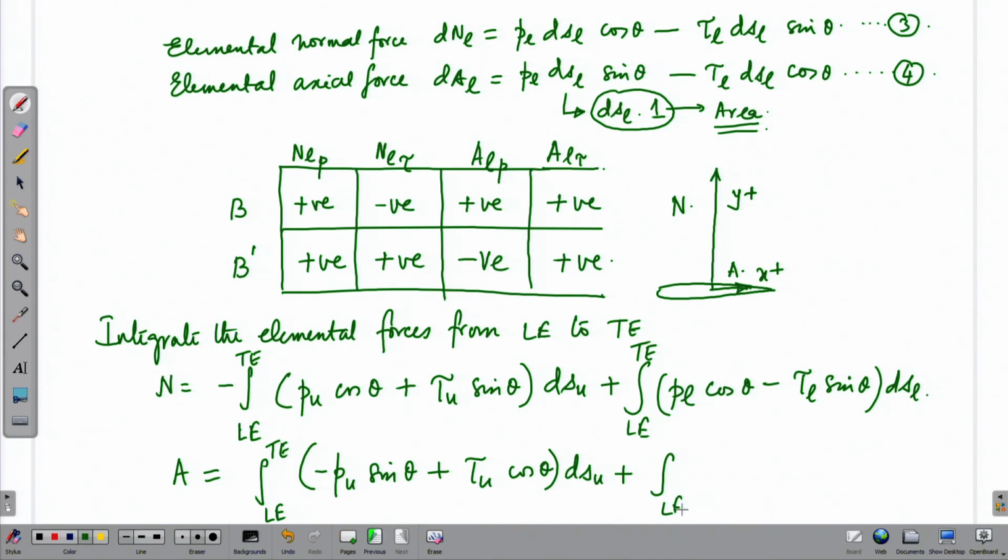In both the equations, there are contributions from the upper and lower surface. We will call these equations 5 and 6.